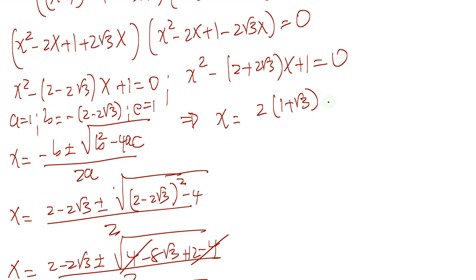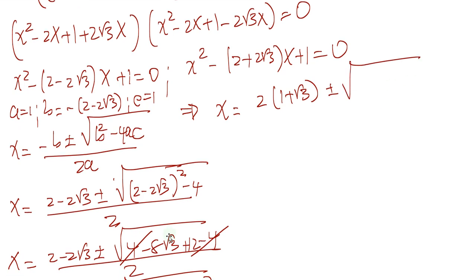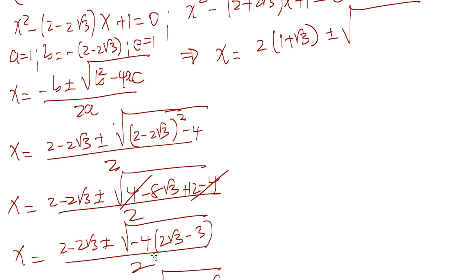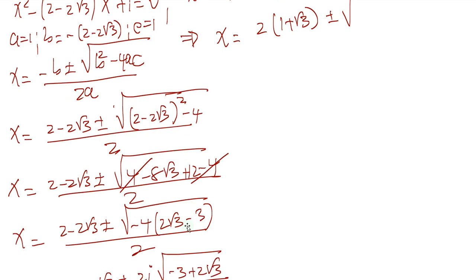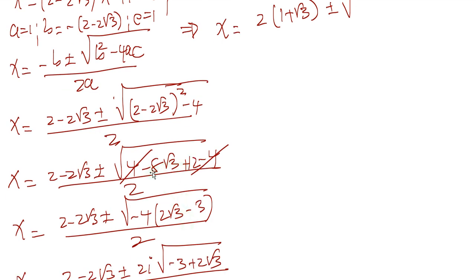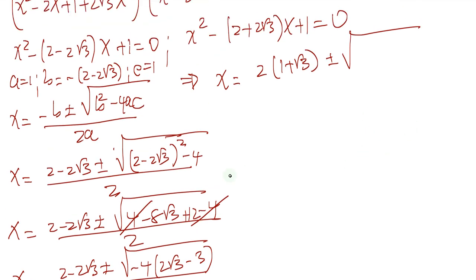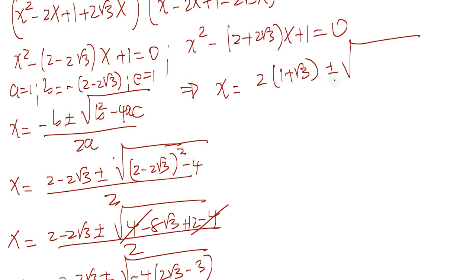And then plus or minus, we got the same thing here. We just get that this is minus 8 plus 12. Inside here we're gonna have just positive, right? Because this is 2 plus 2 square root of 3 squared minus 4, and then this divided by 2.